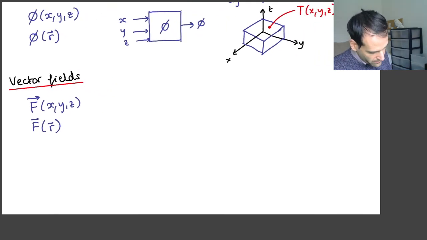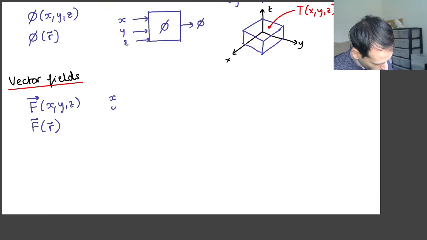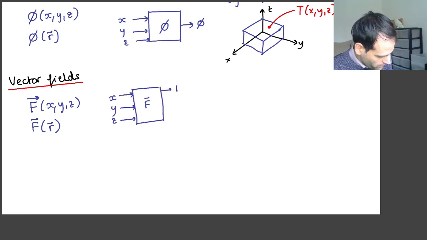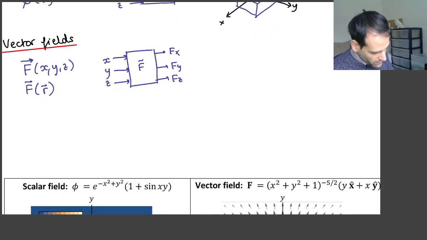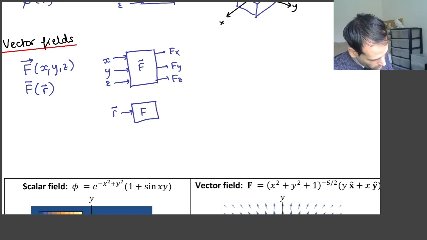And the way you can see this is as a function that has three inputs, x, y, and z. And this function F produces three outputs, which are the three components of the vector F. Okay? Alternatively, you can write this as a vector r coming into the function and producing a vector F.